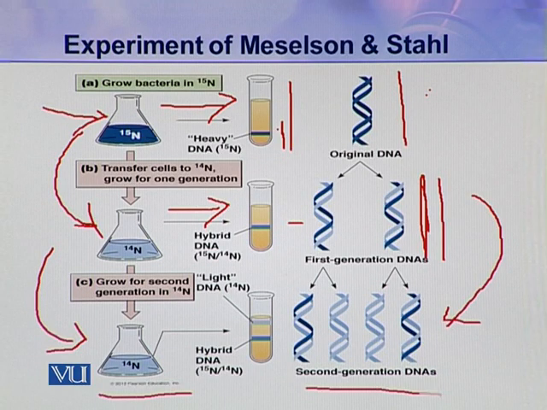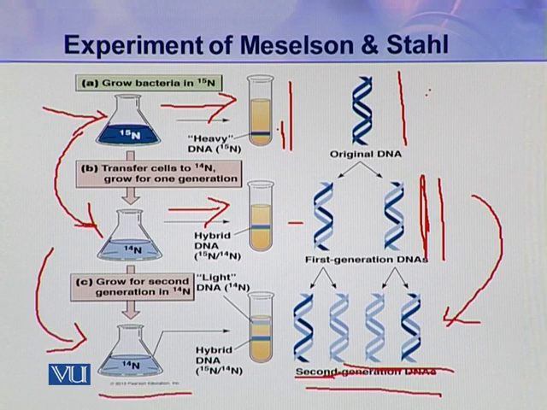After this replication, you can see that these two molecules contain one parental strand each. All the other DNA molecules contained new strands which have N14 instead of N15. So here you can see N14 as well as N15.